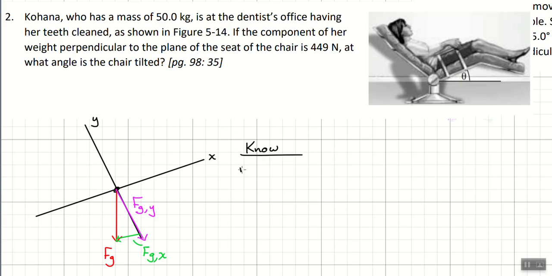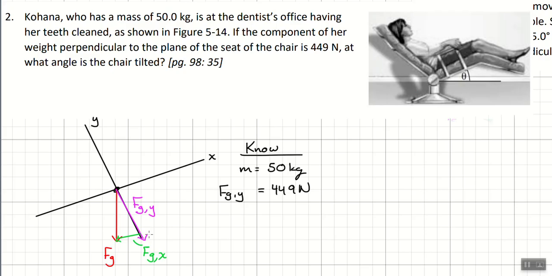Okay, I know the mass of this woman is 50 kilograms. Cool. Based on my picture, I'm going to write 449 newtons as the force of gravity in the y direction. That's this one, perpendicular to the chair, or the surface of the chair, the plane of the chair, however you want to word it.